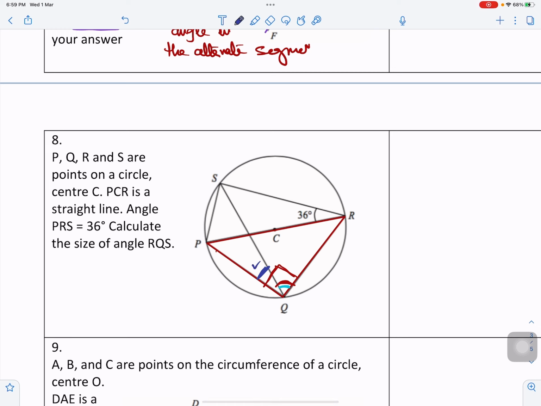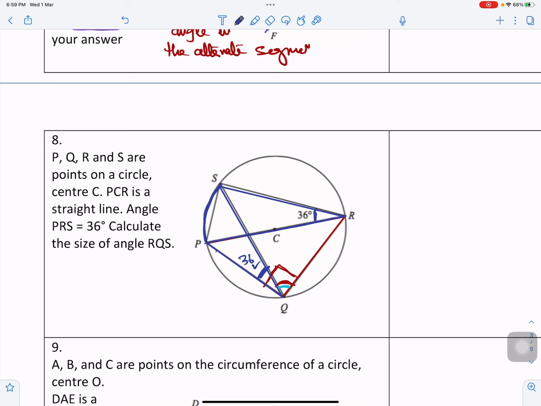So how can I find this answer? Look at arc PS. Arc PS is making an angle on the circumference here, making an angle at Q here, right? So it means this 36 is equal to this angle. This is also 36. And this is called angle in the same segment.